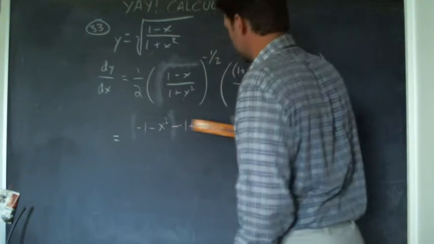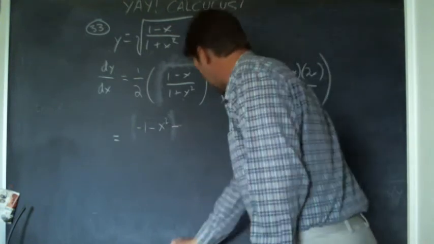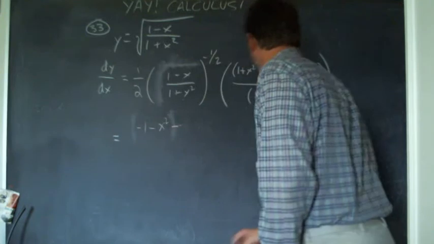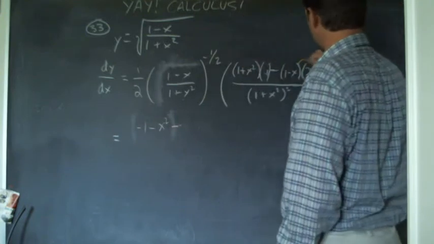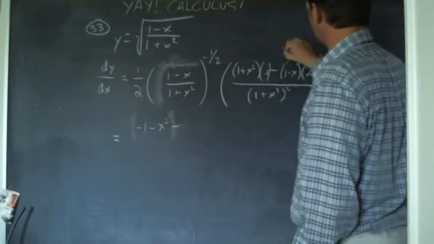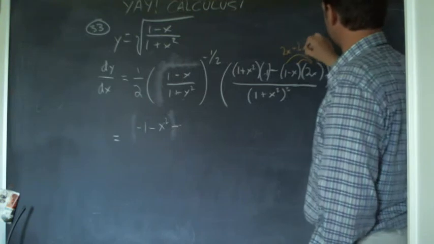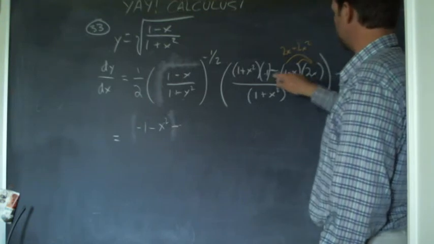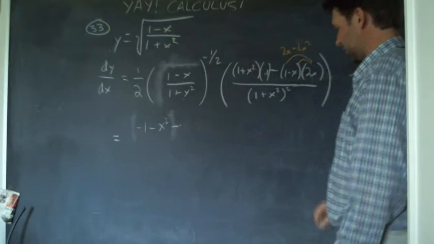I forgot to multiply first. Humble apologies. That would be distribution here: this would be a 2x, this would be minus 2x squared. So minus 2x and plus 2x squared.